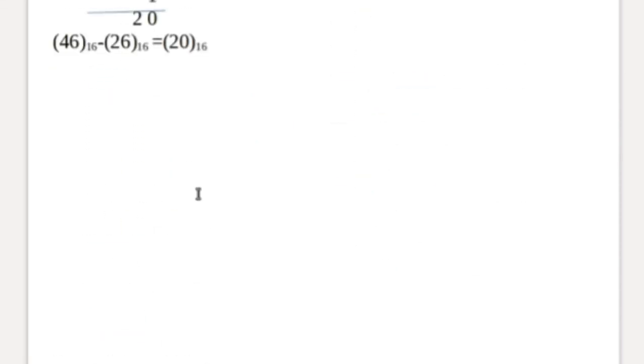Next example, suppose we subtract a larger number from a smaller number, that is 46 is subtracted from 26. Here also we can use the 1's complement method or the 2's complement method.